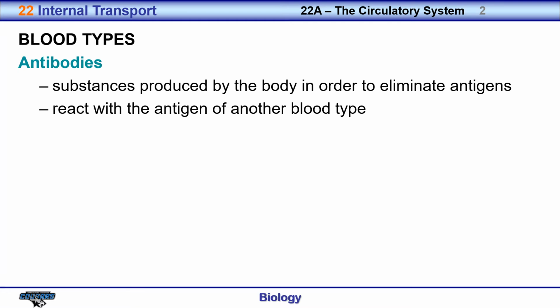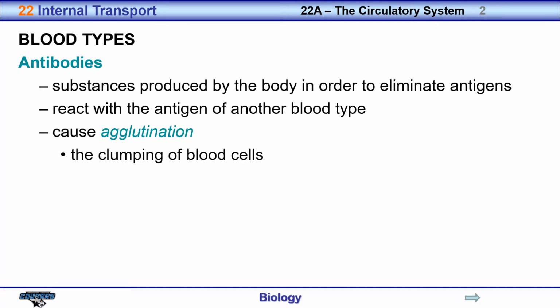When they come in contact with another blood type, it causes agglutination. Agglutination is the clumping of blood cells. They would actually form a clot, a clump of cells where the antibodies have attacked this foreign blood type.